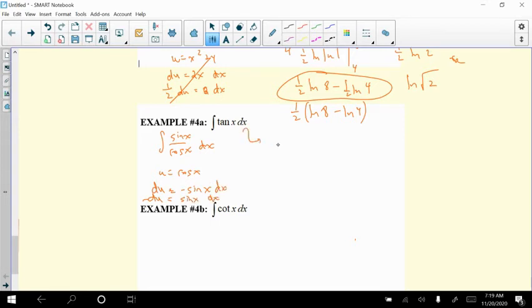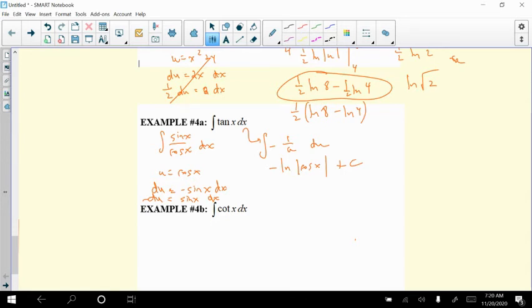So now this becomes the antiderivative of negative 1 over u du. So it's negative natural log of the absolute value of u, which we said is cosine of x, plus c. Now, you could leave it like that. That's fine.